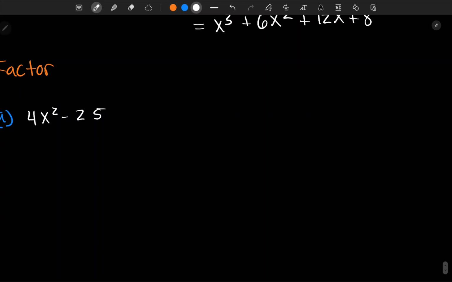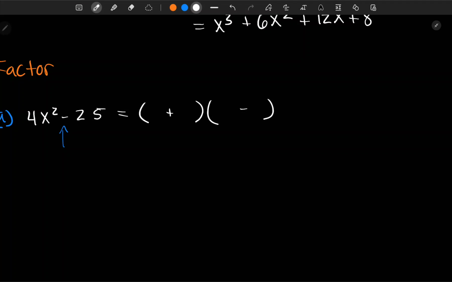Well, there's no x term in the middle. There's a missing x term, but there's an x squared term and a term with no x. So that means whatever's being multiplied together, there's opposite signs. So there's a plus here and a minus here.